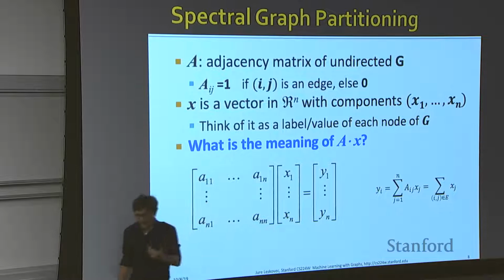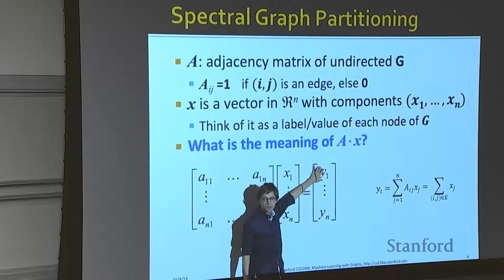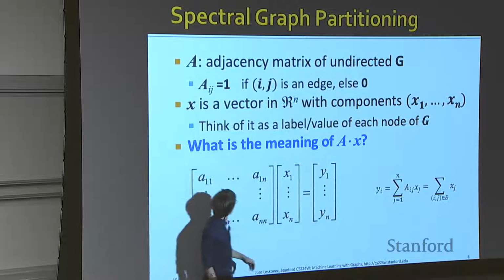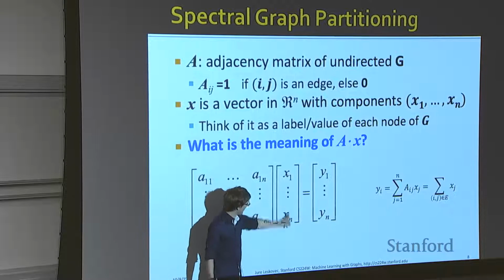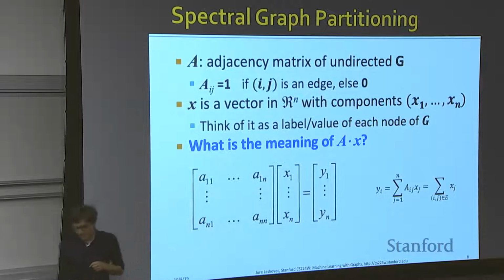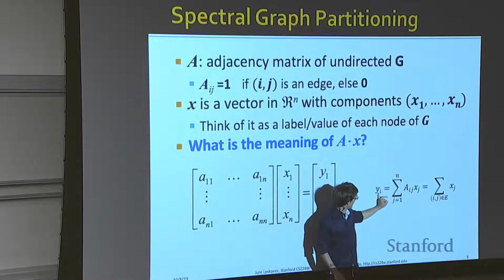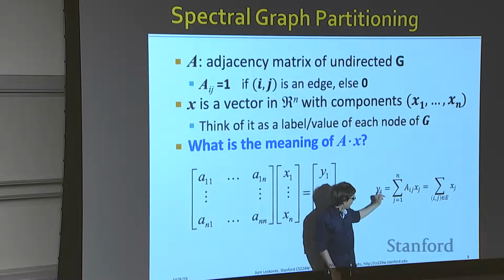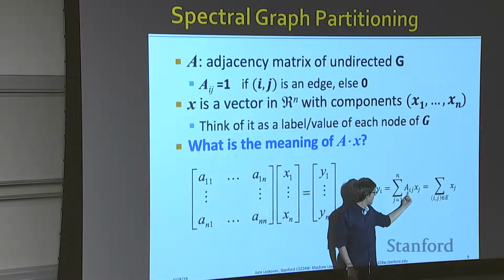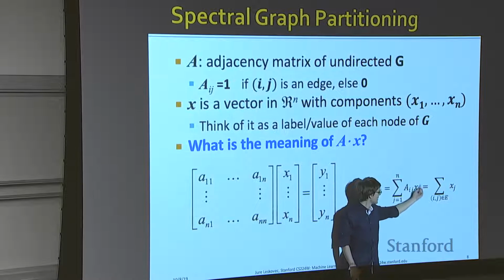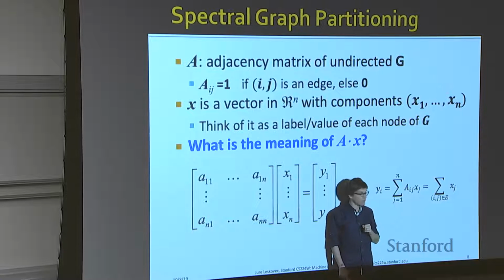So if I do A times x, what happens? Like, what is the value of y1, for example? The value of y1 is that I do a dot product between the first row and my vector. The way you can write this down is: my value yi is a sum over the ith row of the adjacency matrix times the jth component of my vector.